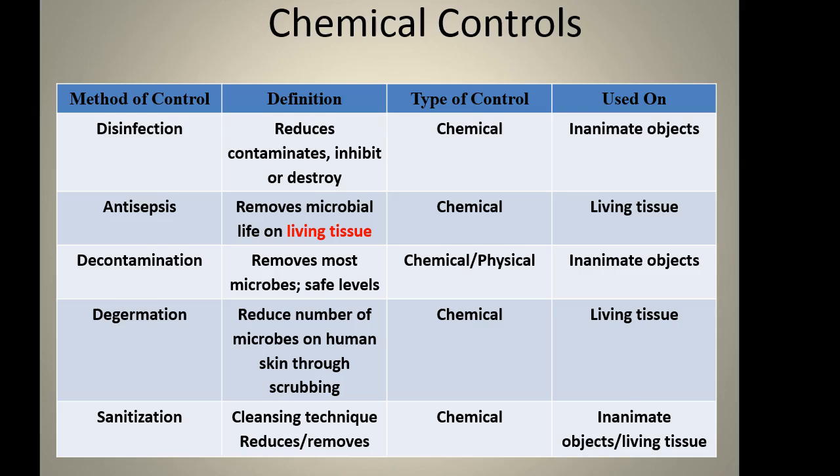So those physical controls, what were they? Heat. And in talking about heat, I want to just go back for a minute. There are two kinds of heat: dry heat and moist heat. When I boil water, if I had a grandbaby, I would boil the bottles.